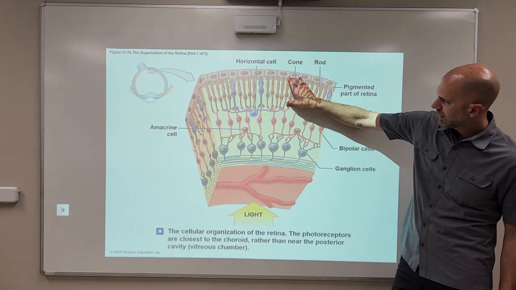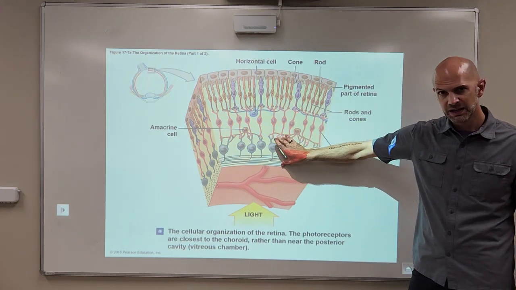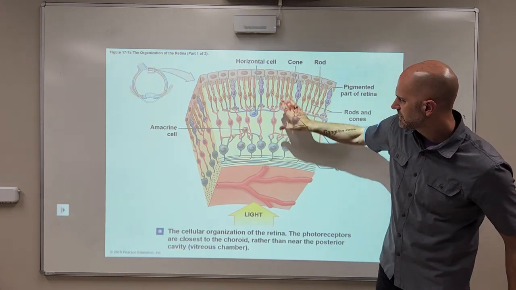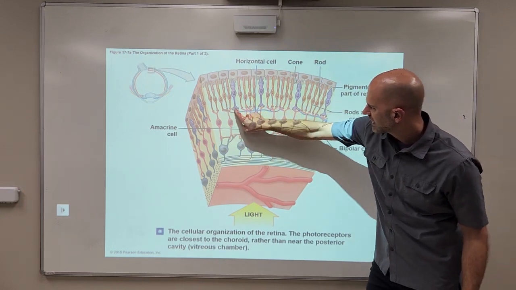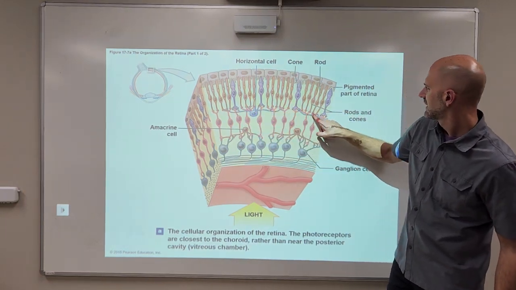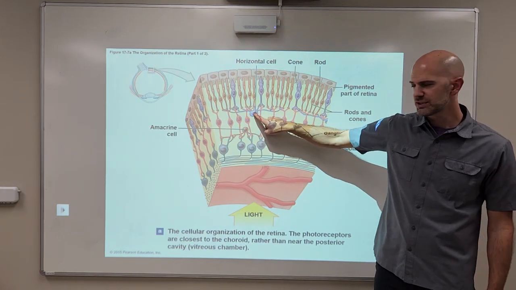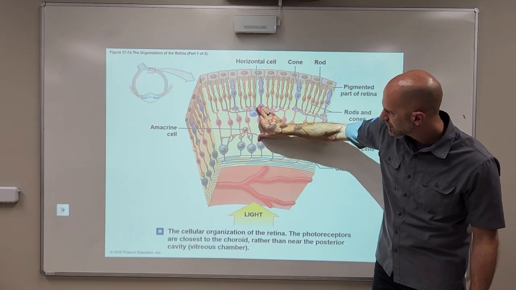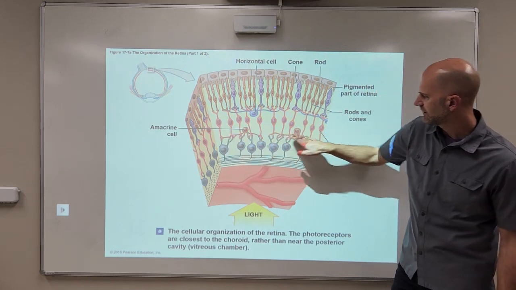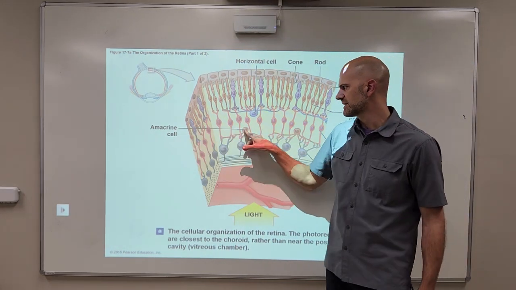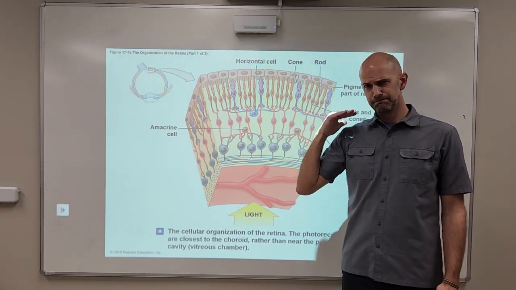Ganglion cells, 1, 2, 3 layers. And at each of those synapses, between layer 1 and 2, there's a set of horizontal cells. There are horizontal cells here, it looks kind of like an octopus. And again, between layer 2 and 3, we have another set of horizontal cells called amacrine cells. And that's another ball of wax.